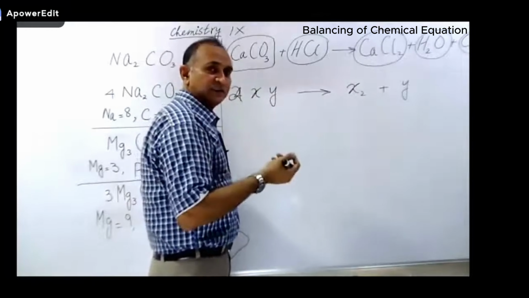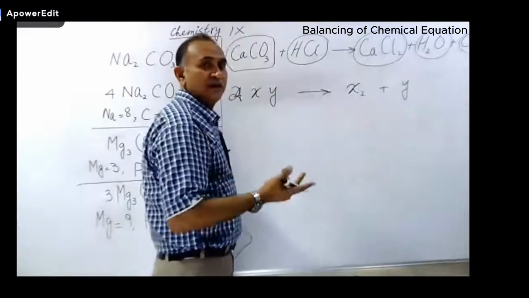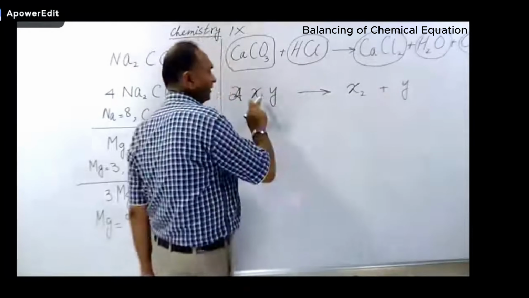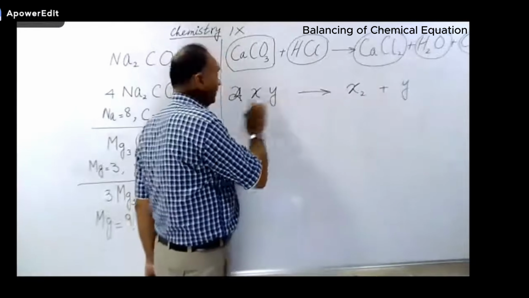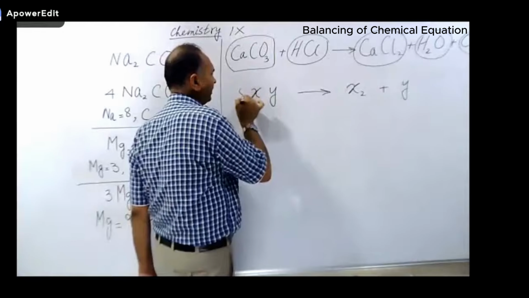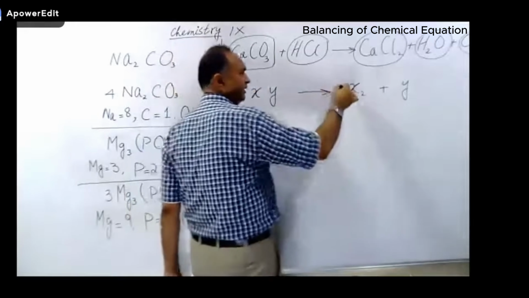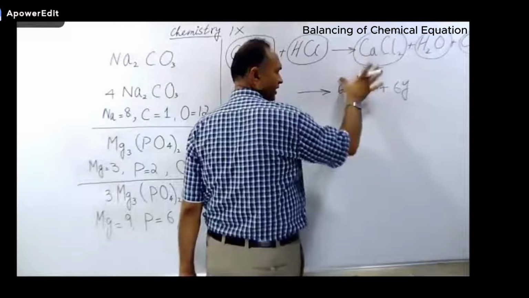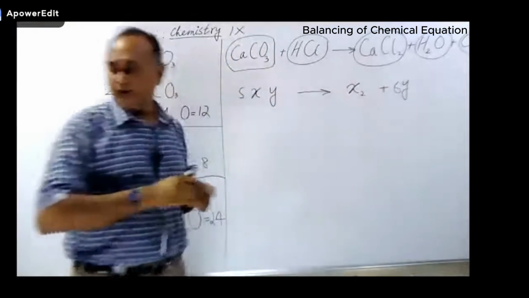To balance, if you want to write a number, never ever write it as a subscript, but we can only write it in the beginning of a compound. For example, we might write like this, or here, but never over. Okay? So this is another point.